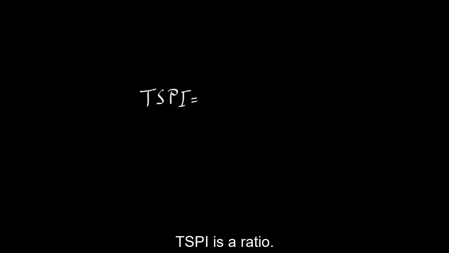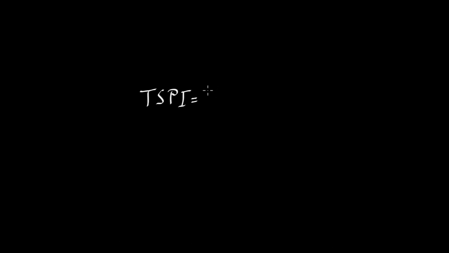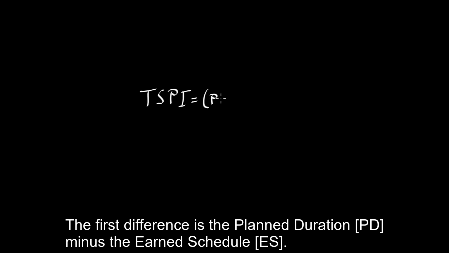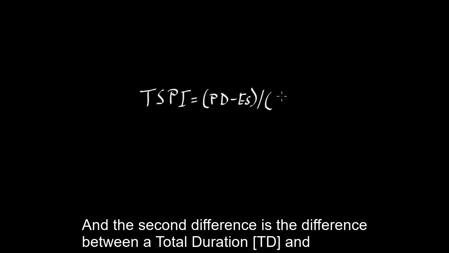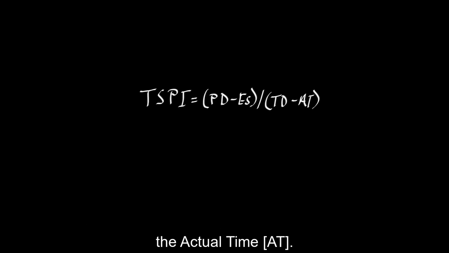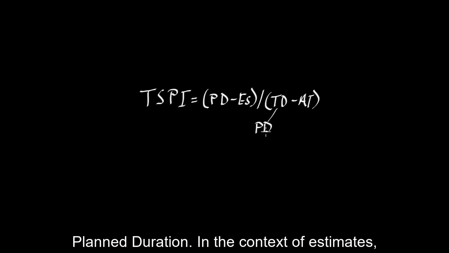TSPI is a ratio between two differences. The first difference is the planned duration minus the earned schedule, and the second difference is the difference between a total duration and the actual time. In the context of a plan, the total duration is given by the planned duration.